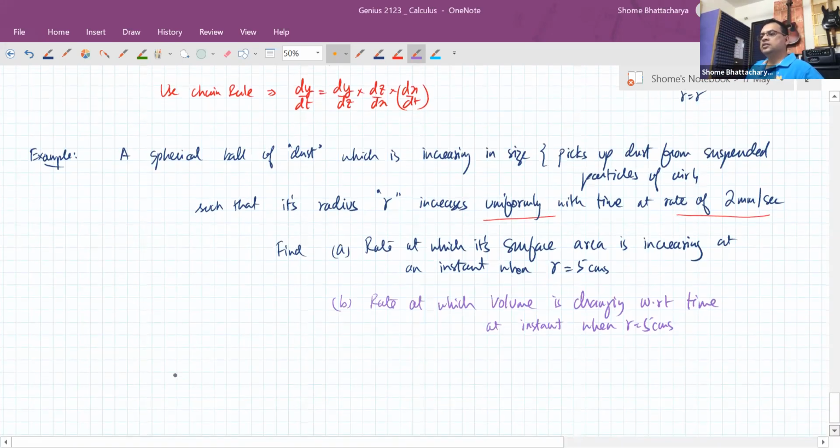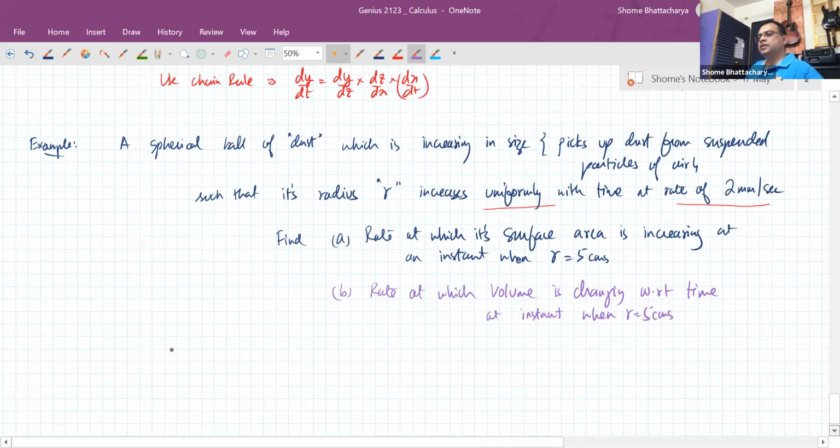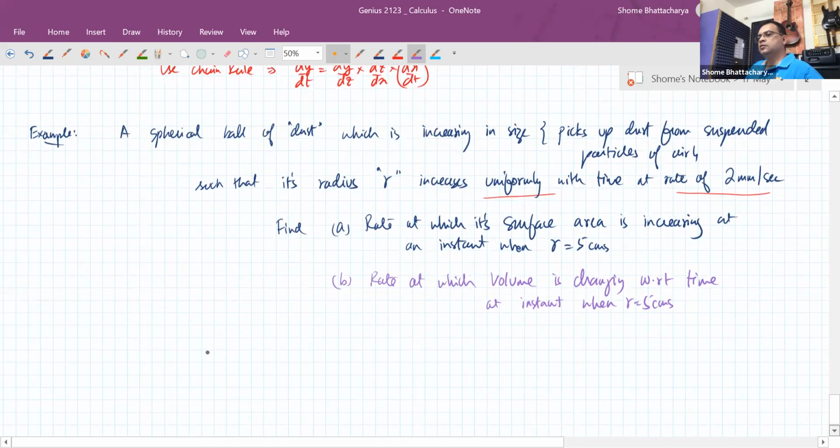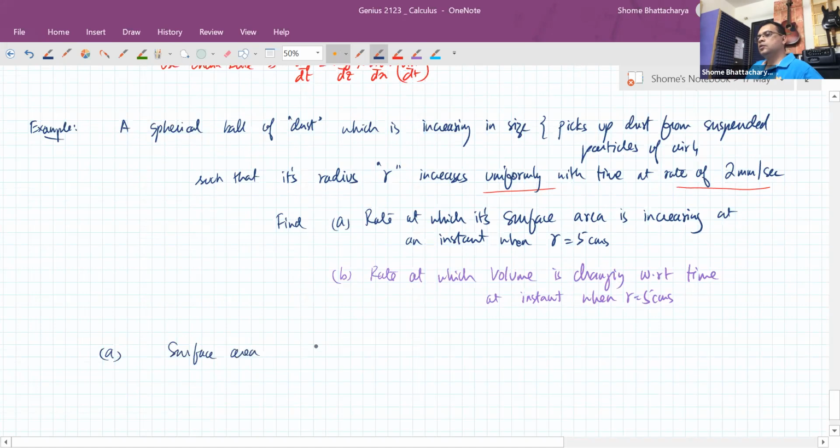Okay, so here we can simply use the idea that surface area S is equal to 4 pi r square as a formula. So rate of change of surface area, ds by dt, will be equal to rate of change of 4 pi r square with respect to time.